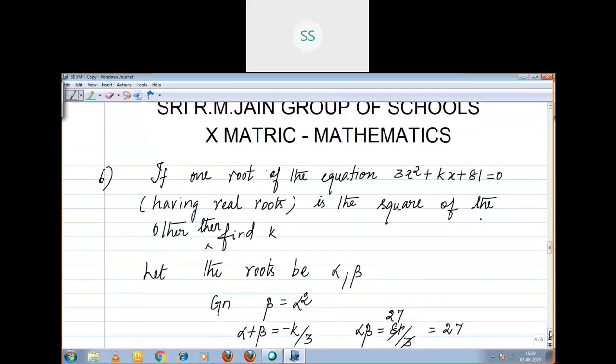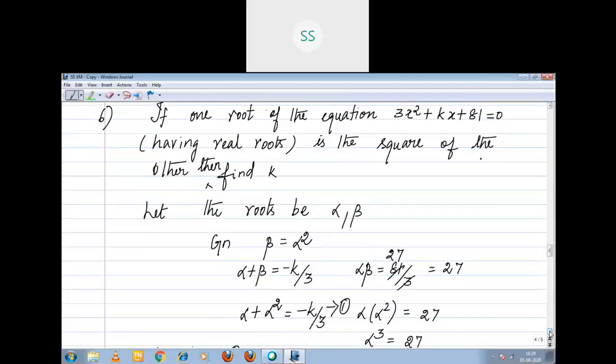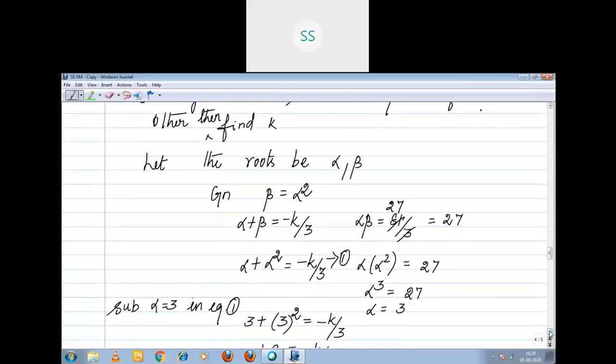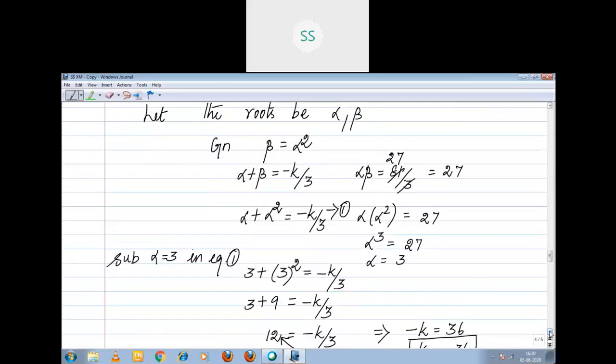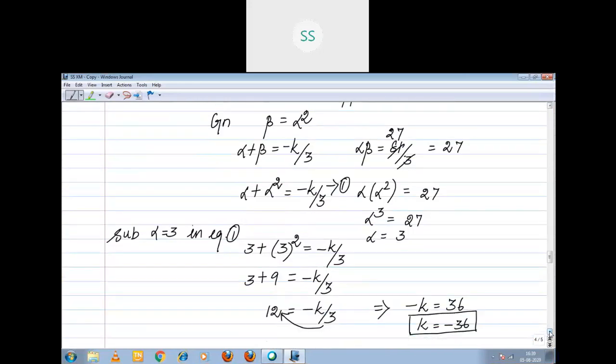What is alpha beta? Constant divided by coefficient of x squared. You arrived at 27. Then beta can be replaced by alpha squared: alpha plus alpha squared equals minus k by 3. Alpha beta, again beta can be replaced by alpha squared: alpha cube equals 27. Alpha equals 3. That you substitute in equation number 1. Finally, you arrived at the k value as minus 36.